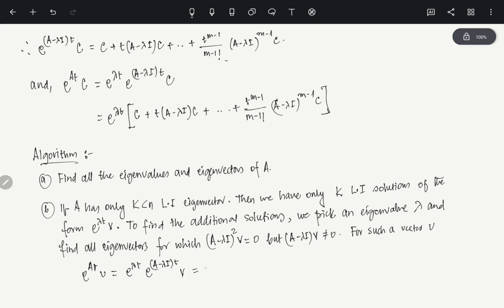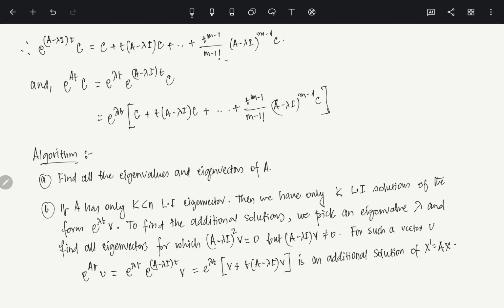This is nothing but e^(λt) times v plus t(A − λI)v, because the square term and everything after it is going to be 0. So this will be an additional solution of x' = Ax. Clear?